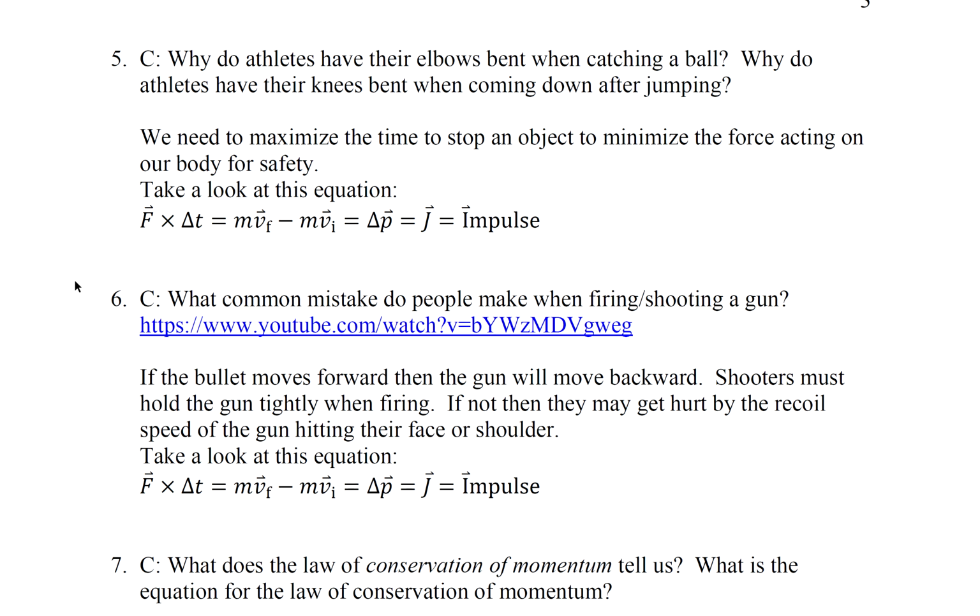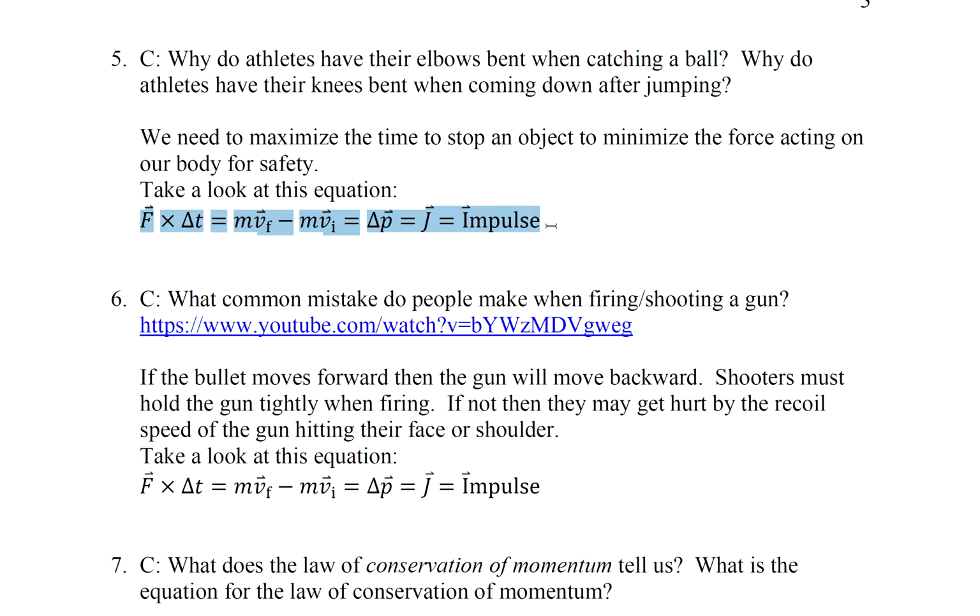Question 5. Why do athletes have their elbows bent when catching a ball? Why do athletes have their knees bent when coming down after jumping? We need to maximize the time to stop an object to minimize the force acting on our body for safety. So take a look at this equation again.